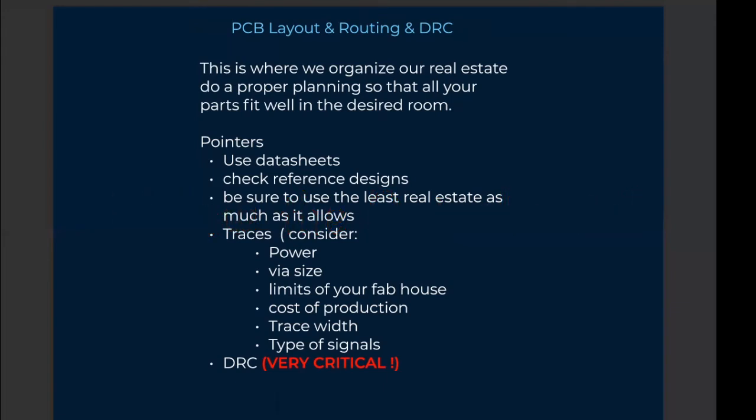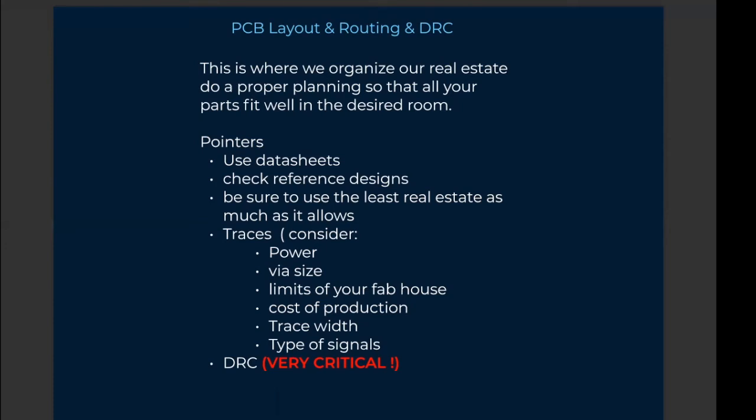There are certain conventions, and I've been pinpointing some of them, especially when it comes to power. Check reference designs as well. Again, make sure that you are using the least real estate you can, in terms of the size of your PCB. Just make them smaller if possible. Don't go misusing your space.